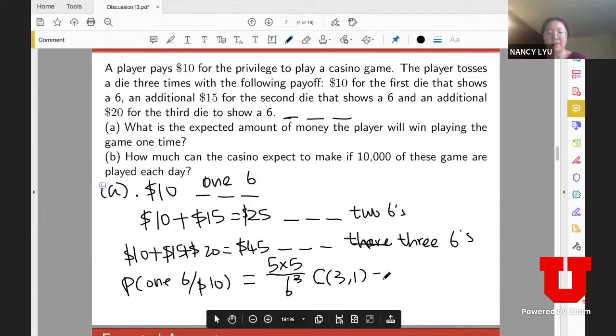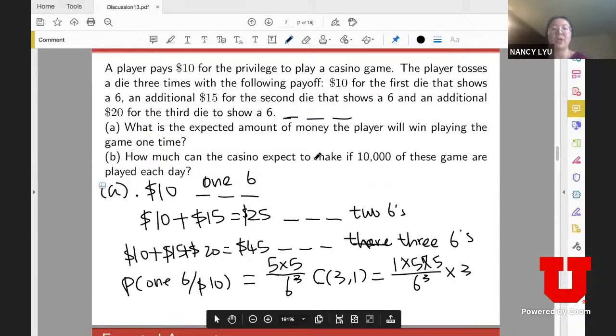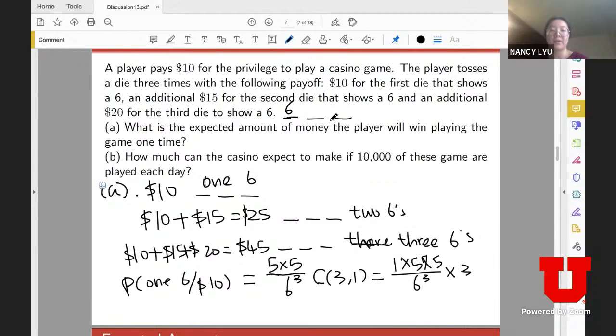In other words, you can write this as 1 times 5 times 5 over 6 to the cube, times 3. The 3 basically means where you can put the 6. You can put the 6 in the first spot, or in the second spot, or in the third spot. That gives you 3 options to put the 6.